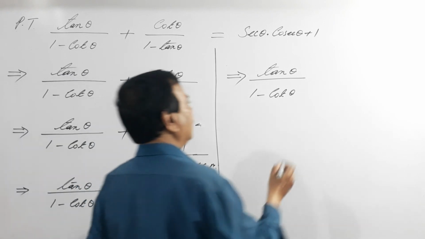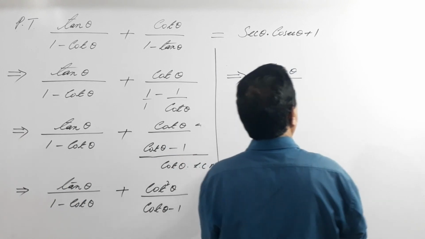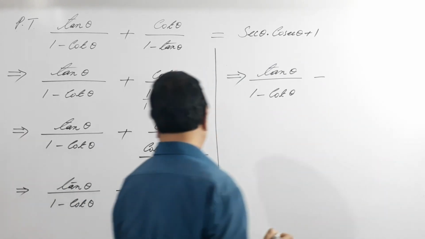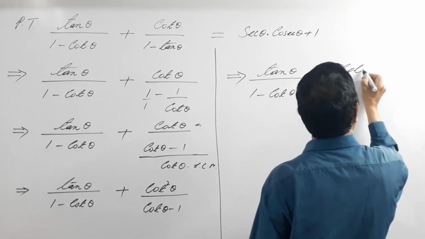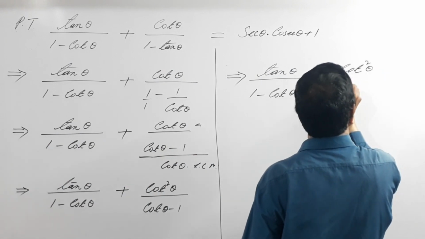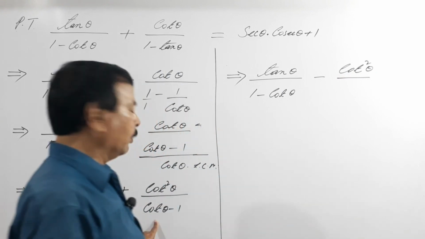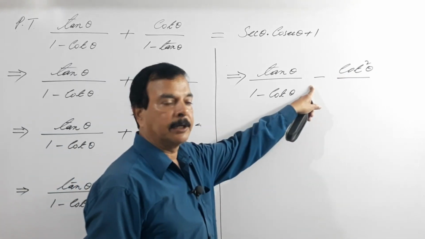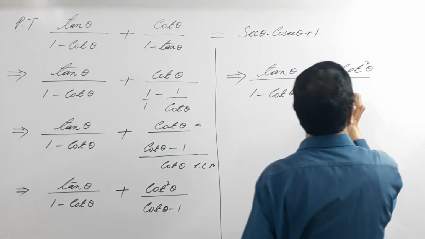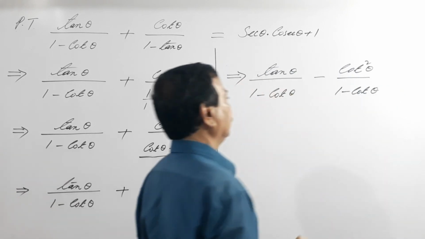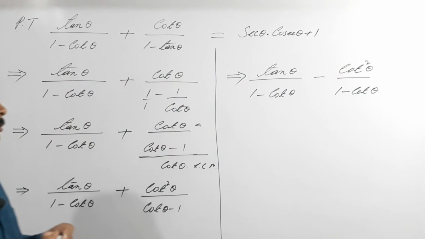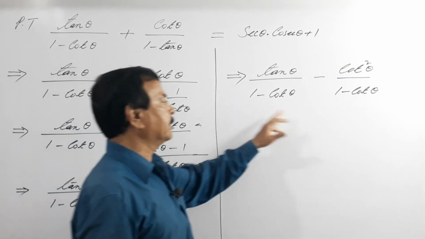So instead of plus, I will put minus and write here cot square theta by 1 minus cot theta, because I have changed the sign. Done. So both the denominators are the same.